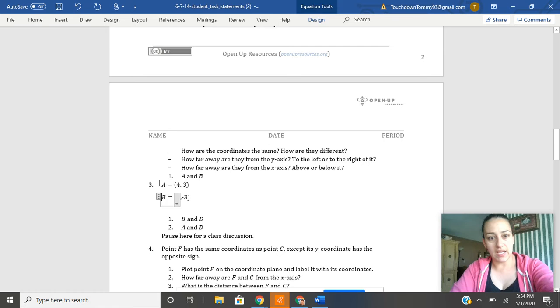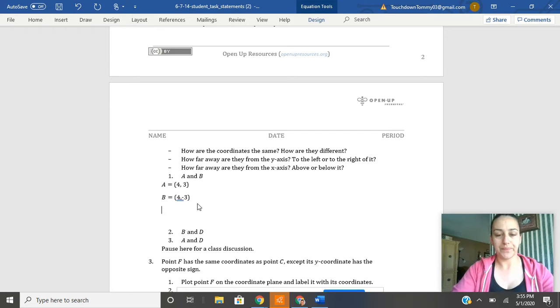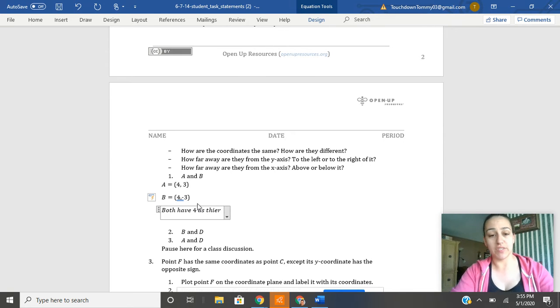And if I compare these, all right, we are asked how are these coordinates the same? Well, both have 4 as their first, in other words, their x coordinate, that first number as their x coordinate.